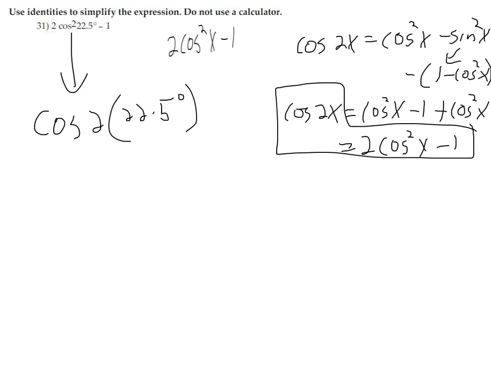I see 2 cosine squared angle minus 1, and that is equal to cosine 2 times that angle. So this is equal to cosine of 2 times that angle. This is cosine of 45 degrees, which is square root of 2 over 2. Next problem.